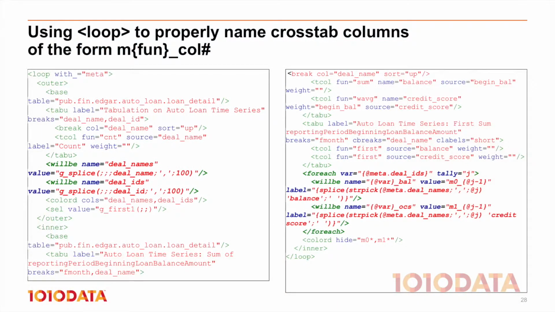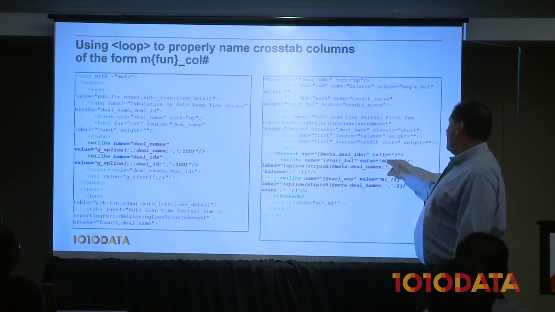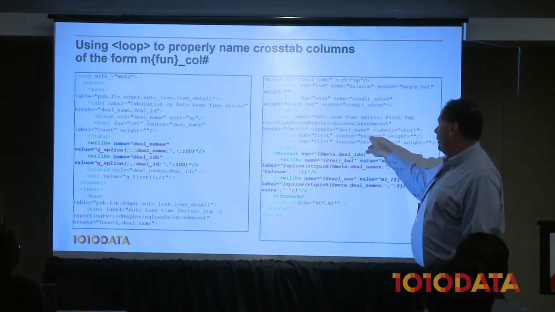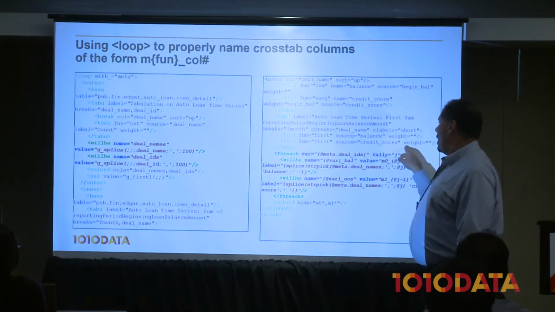Now, in the inner portion, we're going to use that. So we get back this meta package, and it's going to have two elements, two comma-separated lists, the deal ID and the deal name, and we're building new columns here. We're taking column M0, because we know M0 is going to be our balance column, and we know M1 is going to be our weighted average column.